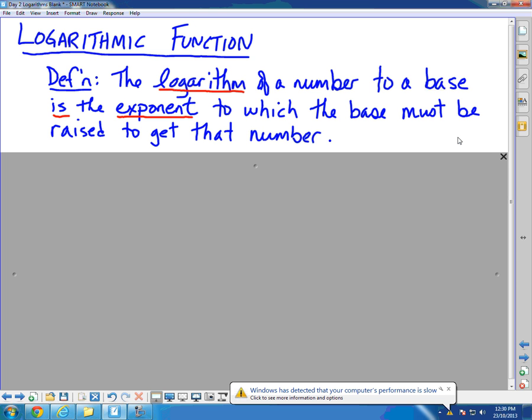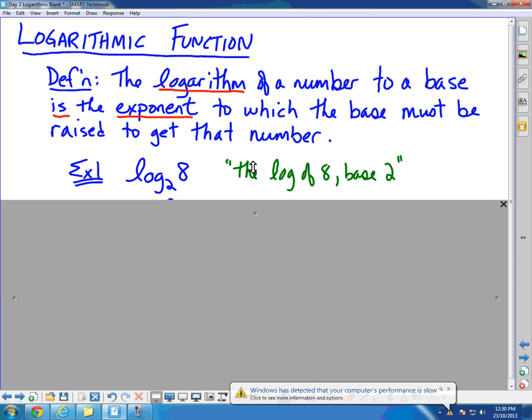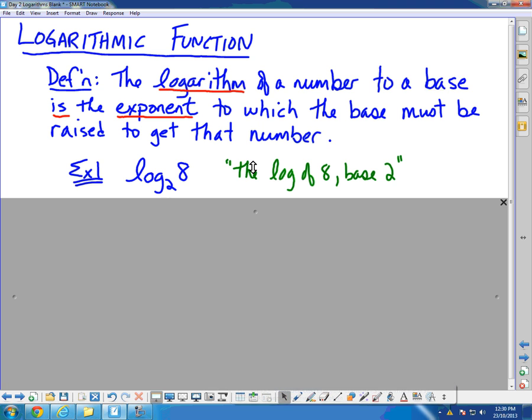So it's best to see what I mean in an example. They look a little bit differently, but here's an example. So the way we read this is in green there, log 8 base 2. So we say log 8, and then we ask ourselves what the base of 2 is.